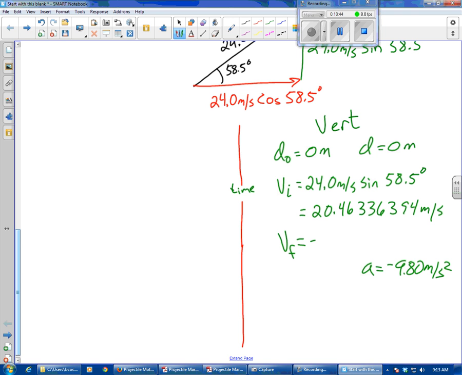So I'm going to put in here negative 20.46336 meters per second. If you realize that, great. If you don't, fine. You can also do it without realizing that.